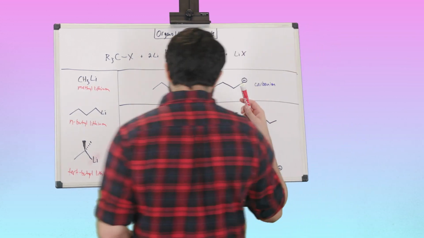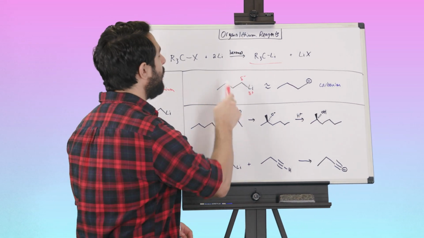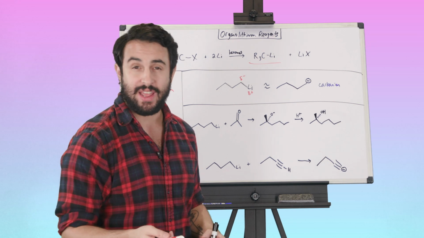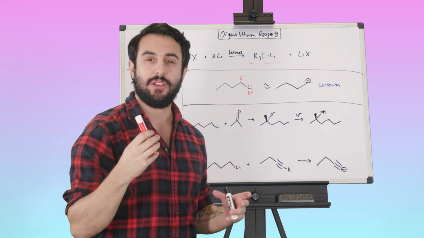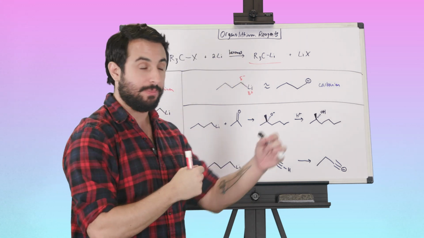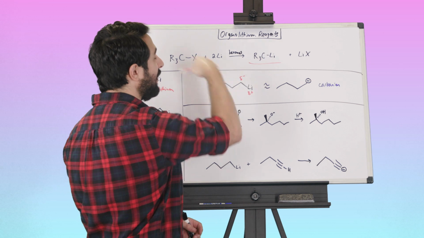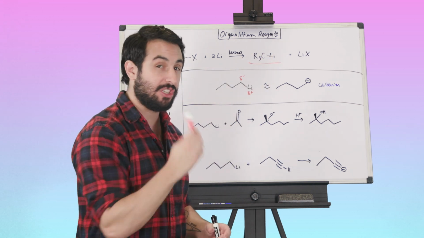And so what are the properties of organolithium reagents? We remember when we looked at the Grignard reagents, this is a bit different because we saw that the magnesium atom would insert itself into that carbon-halogen bond, whereas here the lithium simply displaces it. So we don't have that halogen anymore. We just have lithium.